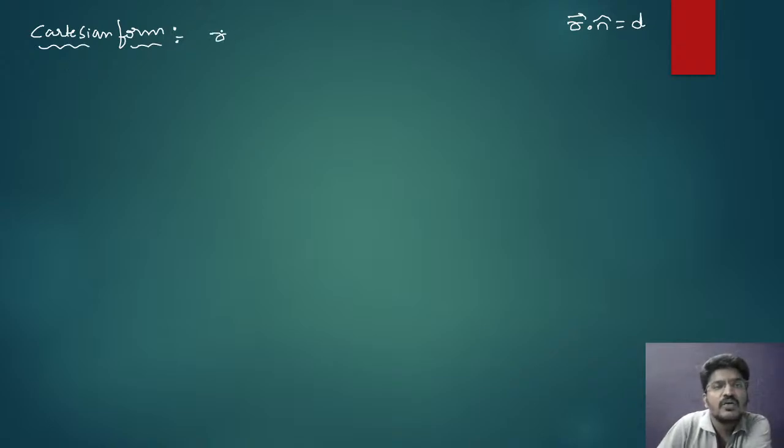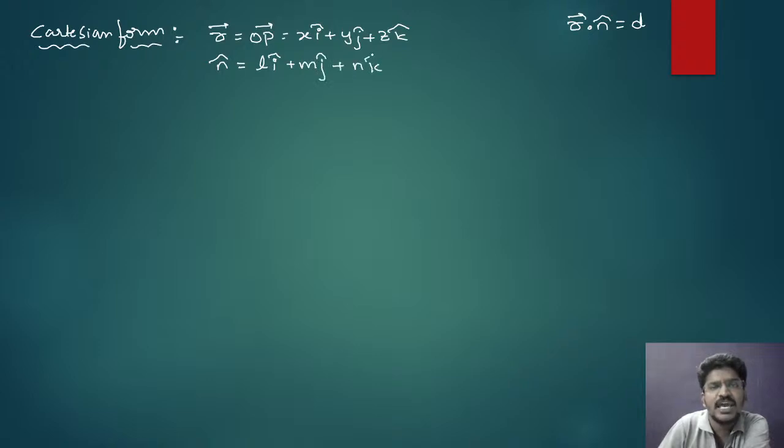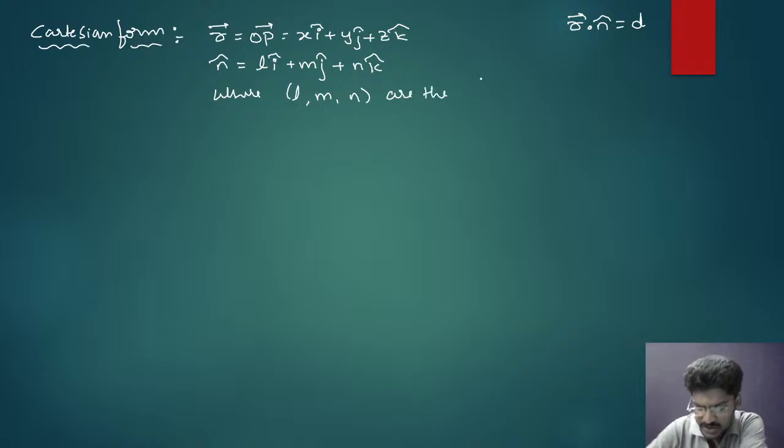Here vector r is equal to vector op, that is xi cap plus yj cap plus zk cap, and n cap will be equal to li cap plus mj cap plus nk cap, where L, M, N are the direction ratios.